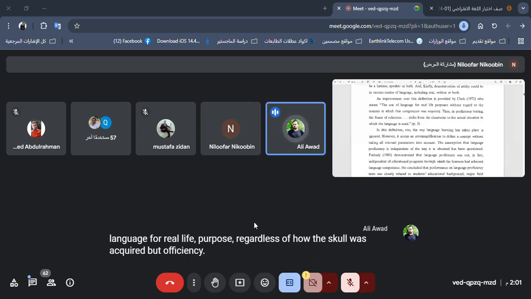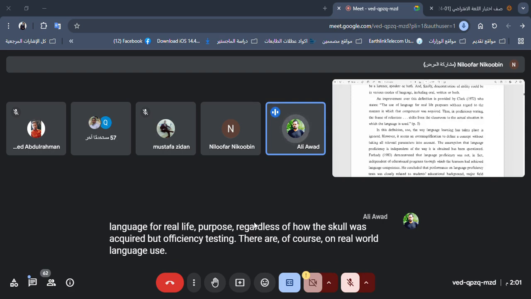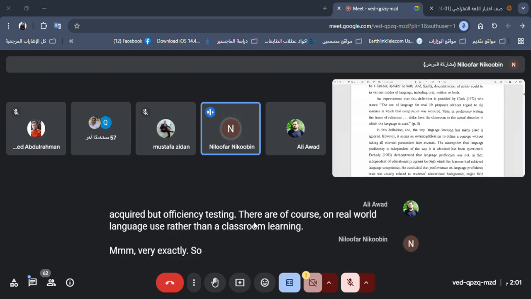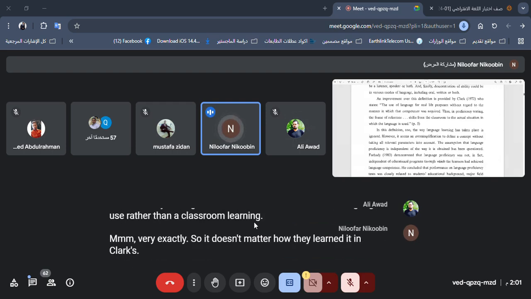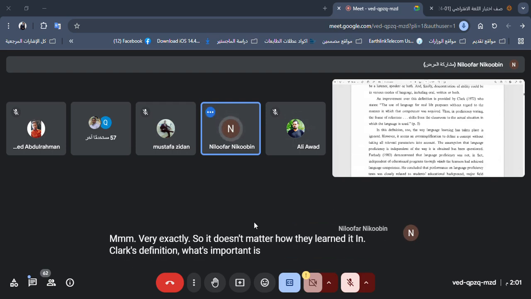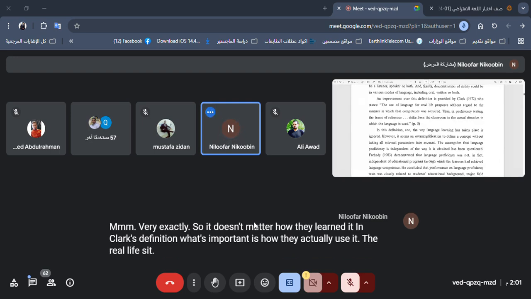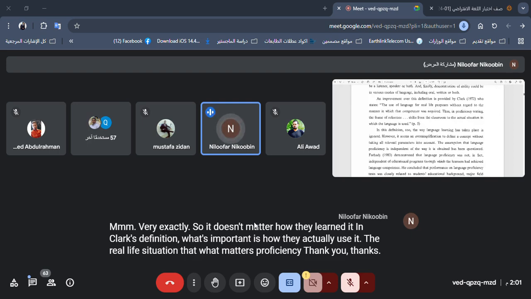Proficiency testing therefore focuses on real world language use rather than classroom learning. Very good. Exactly. It doesn't matter how they have learned it. In Clark's definition, what's important is how they actually use it in a real life situation. That's what matters for proficiency. Thank you.